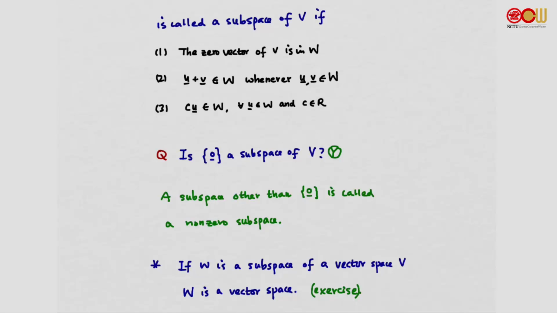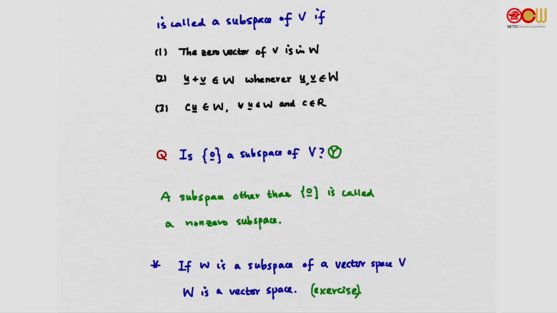Having subspaces of a vector space turns out to be a very convenient thing, because of this result: if W is a subspace of a vector space V, known to be a vector space already, then W is a vector space.